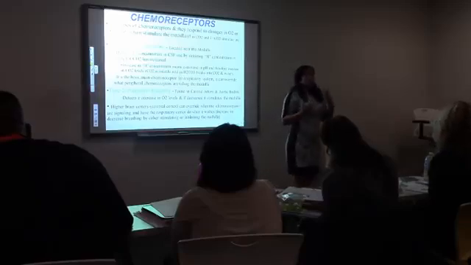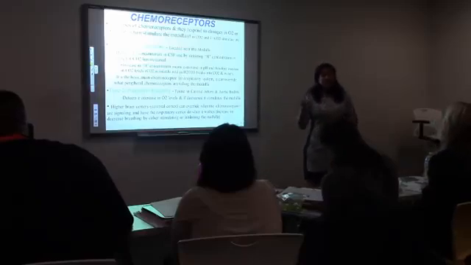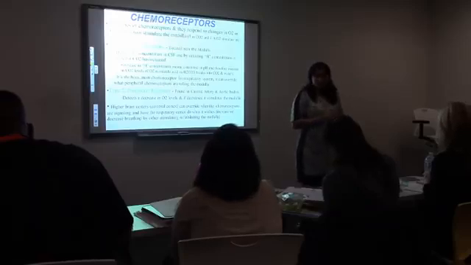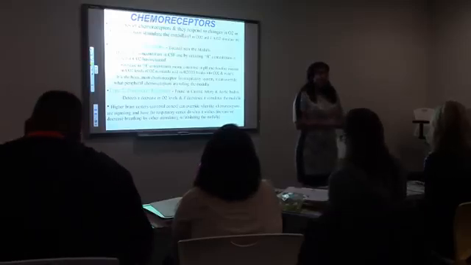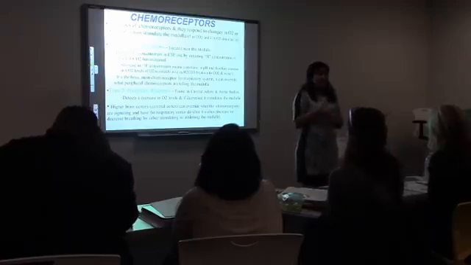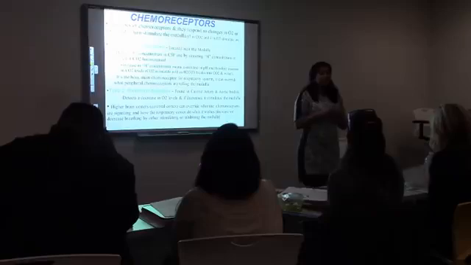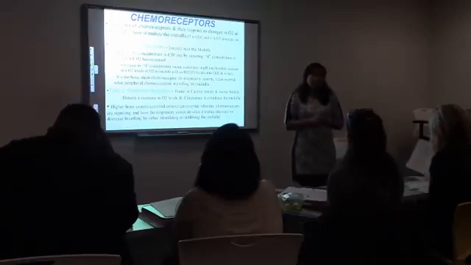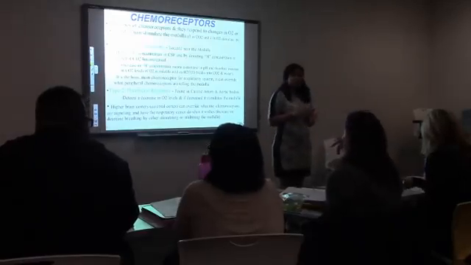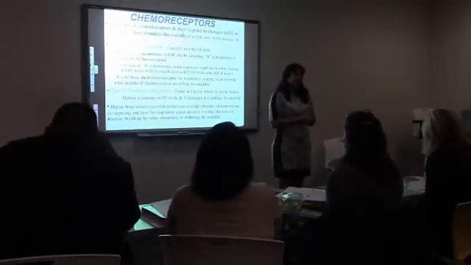So what if the peripheral and the central chemoreceptors are giving two different signals to the respiratory center? Let's say Mary is the central chemoreceptors, and Teresa is the peripheral chemoreceptor. Mary is telling Al, the respiratory center, that hydrogen concentration has increased, please get stimulated.